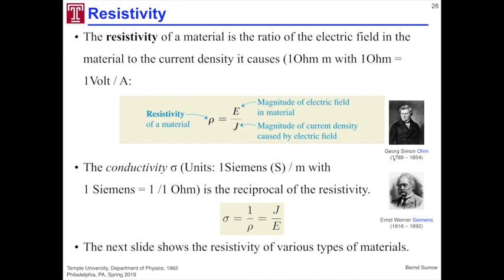Georg Simon Ohm and Ernst Werner Siemens were both German physicists. And you see here a lot of these folks did their work at the end of the 18th into the 1800s. This was an enormous boost in the development of electricity and magnetism. Georg Simon Ohm lived from 1789 to 1854, and Ernst Werner Siemens lived from 1816 to 1892. And you probably know the name of Siemens, the company.